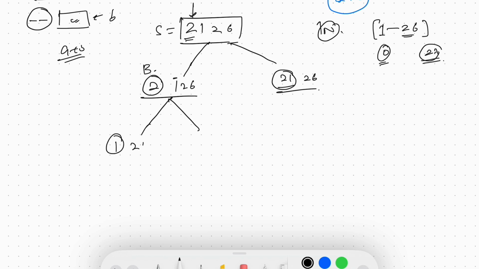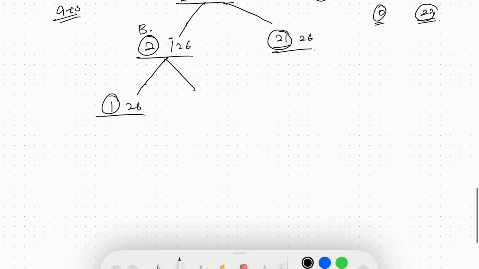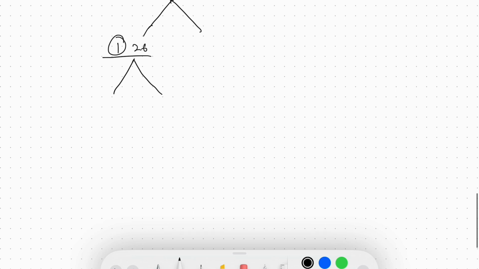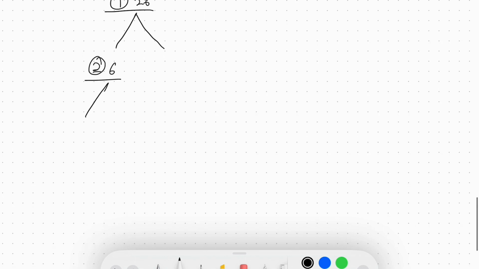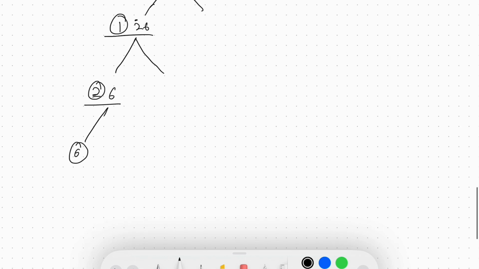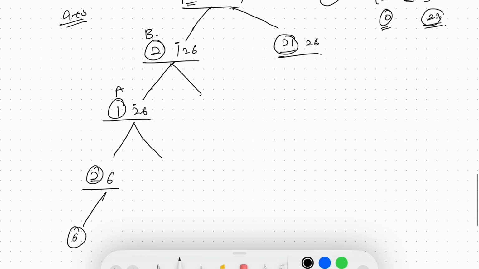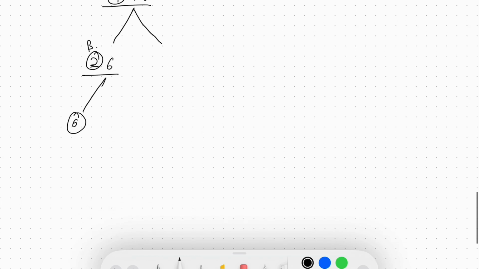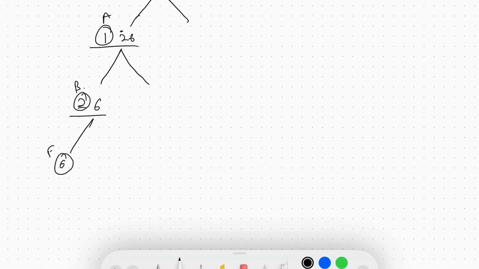Yes, we can decode that. For two elements, we will see later on. Whether we can decode 2. Yes, 2 is decoded and we are left with 6. And now we can decode 6. So 1 is A, 2 is decoded to B, 6 is decoded to F. So A, B, B, F is our first answer.